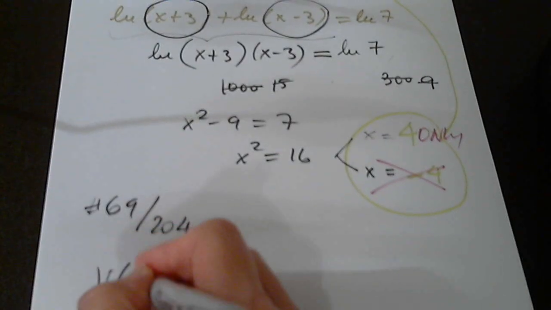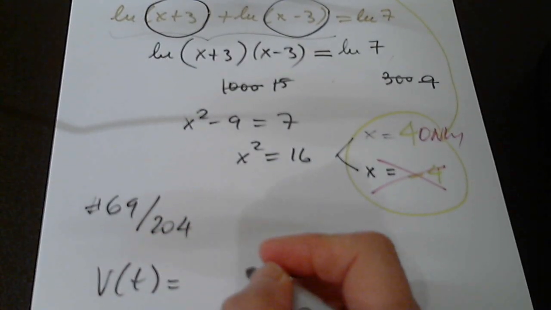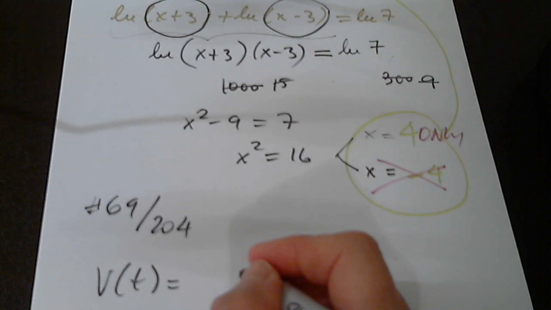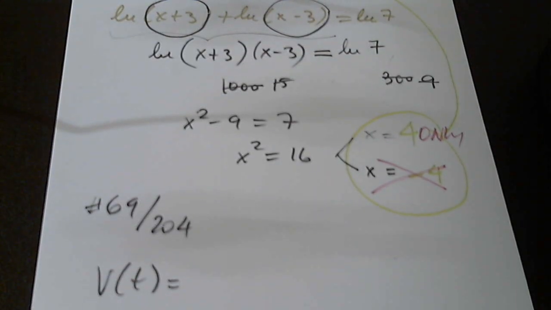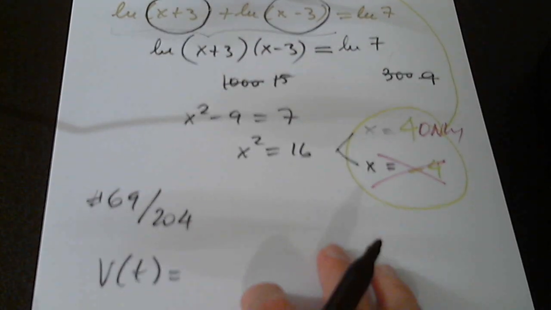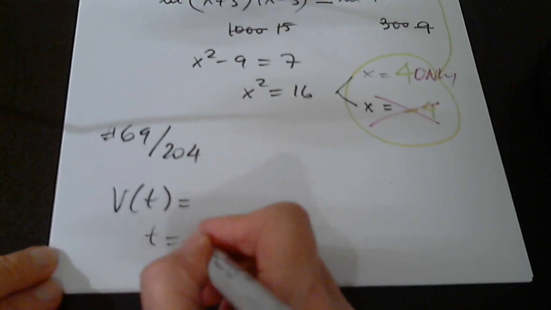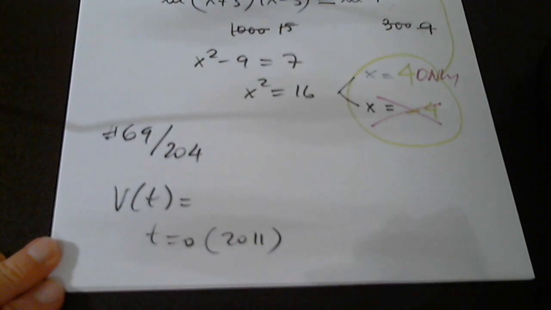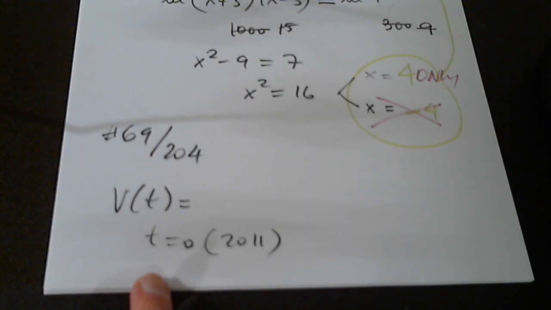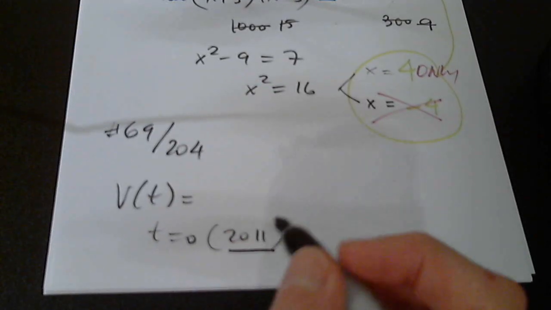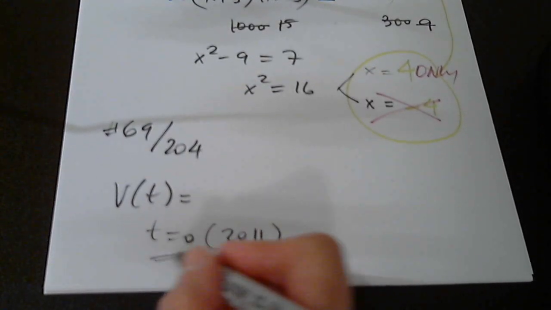So I copy V of t, the value of t years after 2011. So t's time, t equals 0 represents 2011. The moment I'm told t's time after such and such year, I write immediately that this signifies t equals 0.